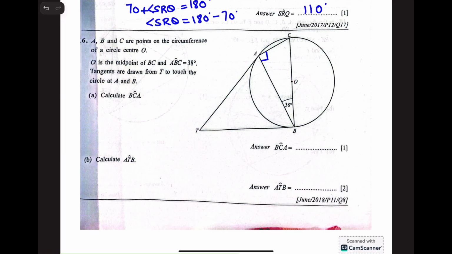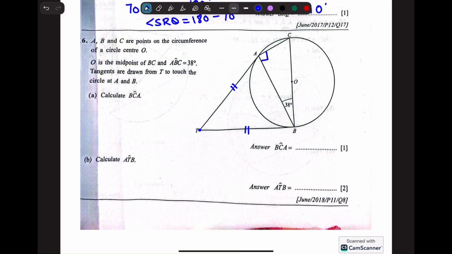All right, so this is the diameter and this is the midpoint. ABC is 38 degrees. Tangents are drawn from T to touch the circle at A and B. So tangents made from an external point are equal. So AT is going to be equal to BT.